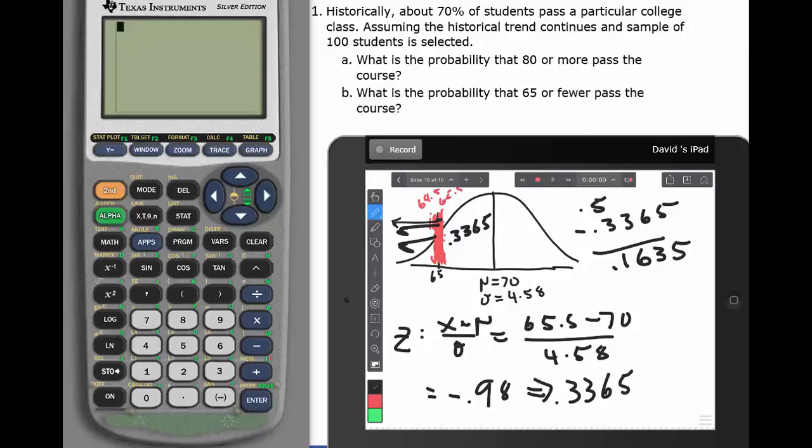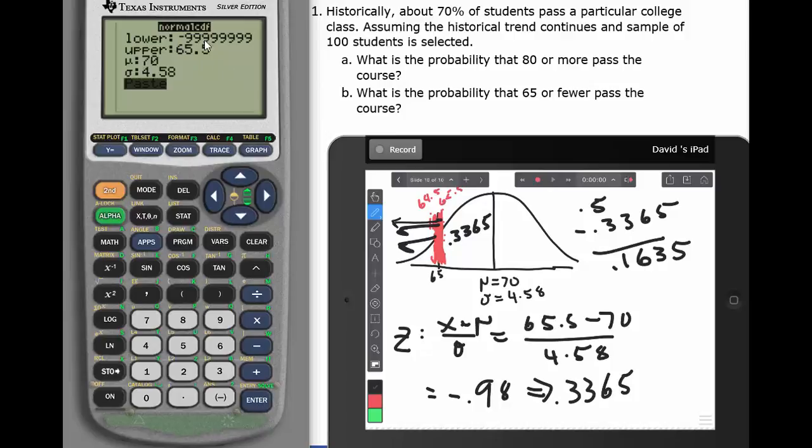Okay, I'm going to verify that with my calculator, and I'm going to do second distribution, normalcdf, and I've got from minus 99999, that's negative infinity. Put any really low number, and we're coming up to 65.5 with a mean of 70 and a standard deviation of 4.58.